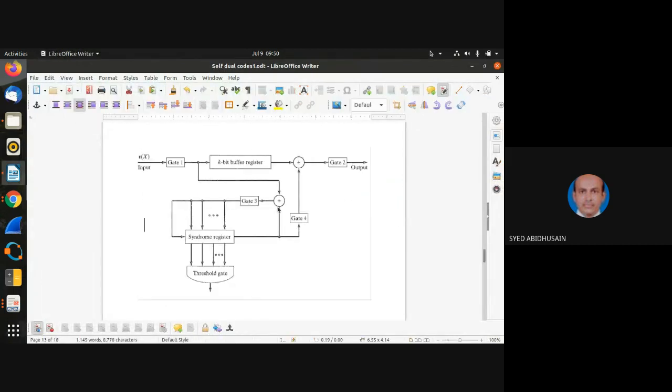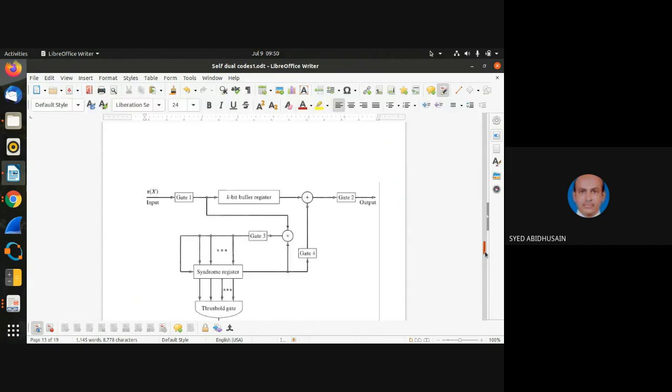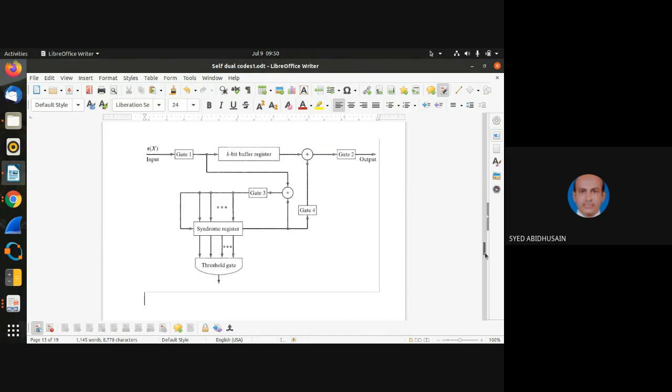So this is my error trapping decoding. I have copied it from the book. You can see this error trapping decoding.